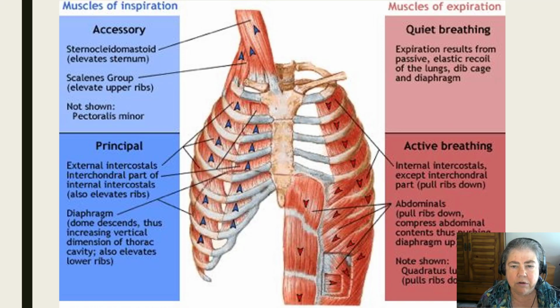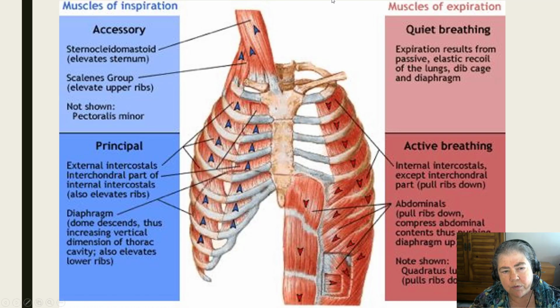And they include the internal intercostals that pull the ribs down, the abdominal muscles that both pull the ribs down but also compress the stomach contents, which pushes up on the diaphragm. And then also the quadratus lumborum, which pulls ribs down.